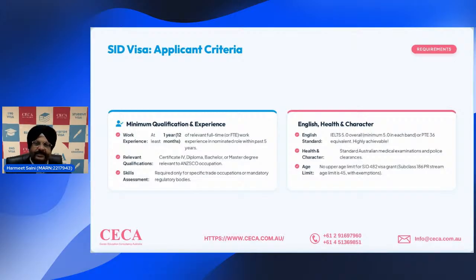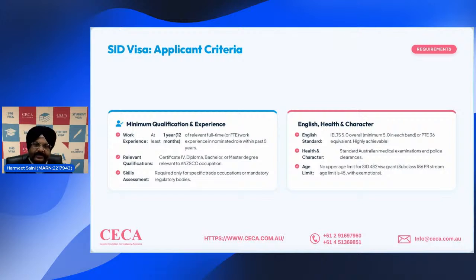The relevant qualification could be certificate 3 level to certificate 4, diploma, or a tertiary qualification like bachelor's or master's, relevant to the ANZSCO occupation listed on the skilled occupation list. And skill assessment is not mandatory for all occupations. It's required for specific trade occupations and mandatory regulatory bodies, and depends upon the country of passport.